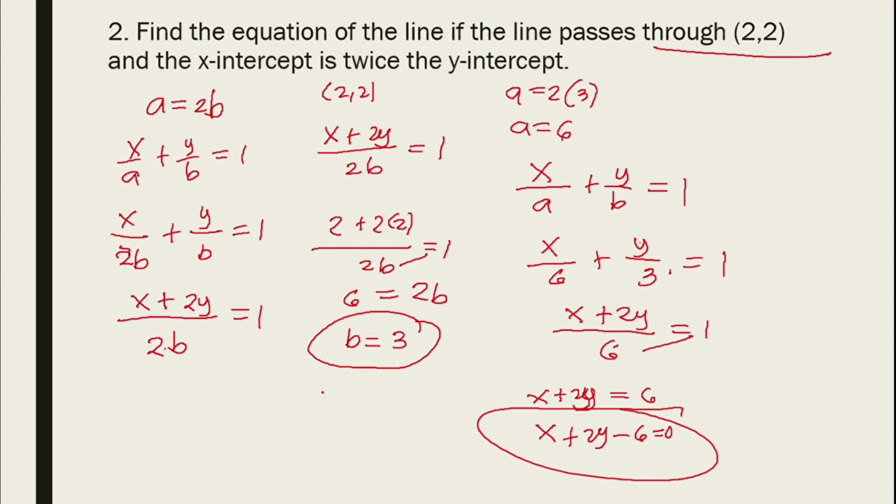Okay, so another way of solving this part is like this. Since the line passes through (2, 2) and the x-intercept is twice the y-intercept, we have our x-intercept, which is (2x, 0), and our y-intercept, which is (0, x).